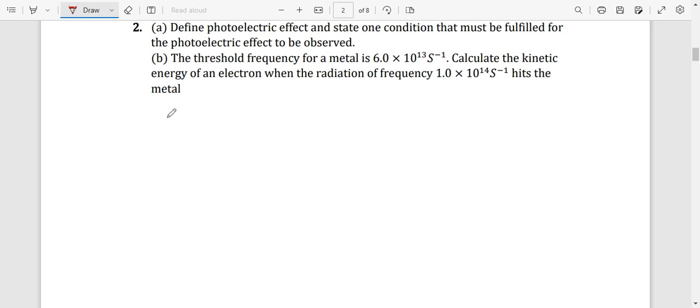Okay, so to state it properly, you say the photoelectric effect is a phenomenon which states that when light is projected on a metal surface, electrons are emitted from the surface of the metal. So what would be the condition for the photoelectric effect to happen?